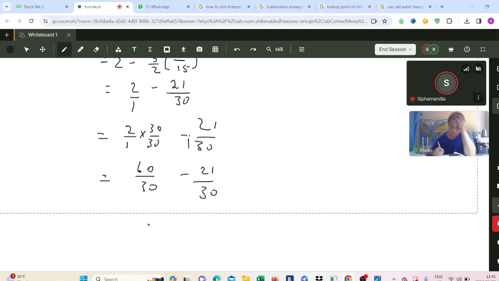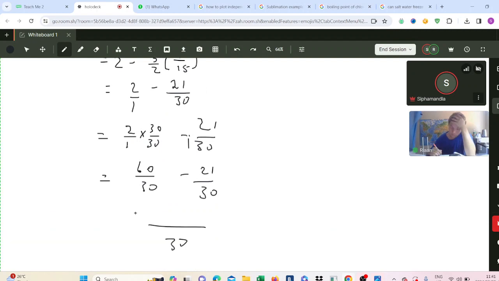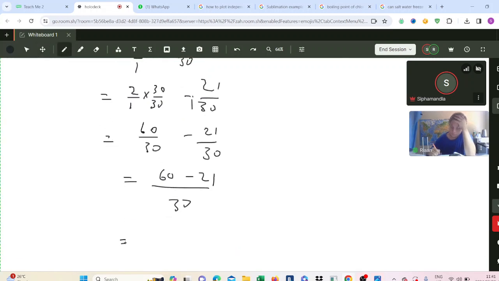Which will be 60 minus 21 over 30. What is 60 minus 21? It gives us 39.